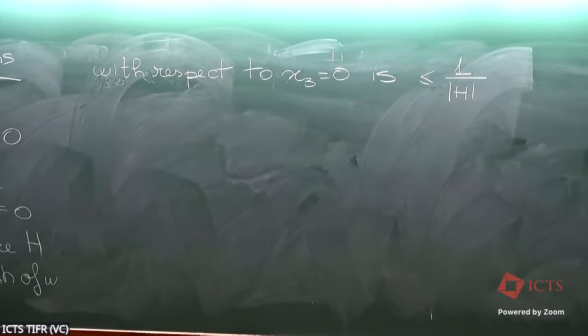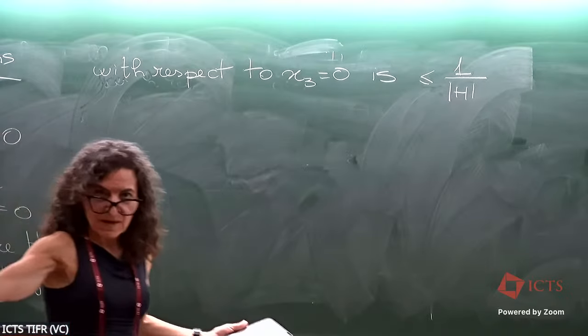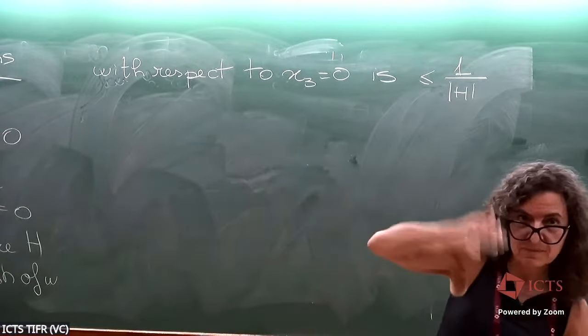The sign of H depends on your choice of the normal vector. So that's very interesting because it doesn't matter which is the domain. It can be a huge domain, but anyway, you cannot be too high.